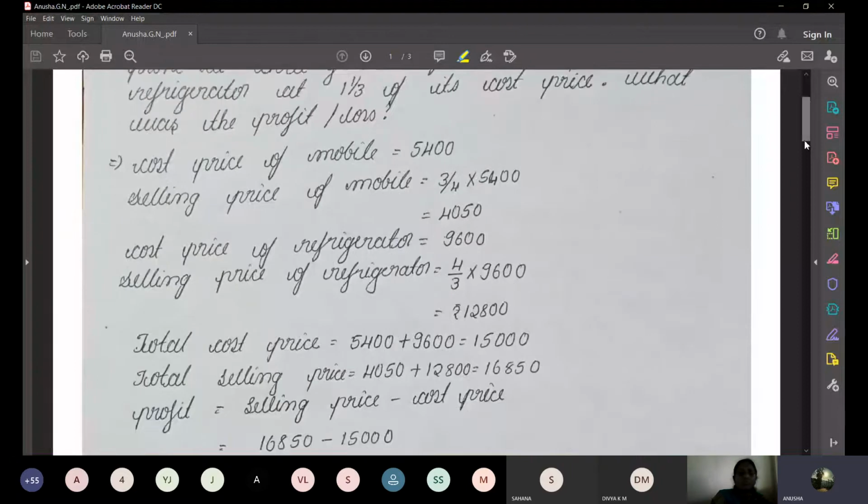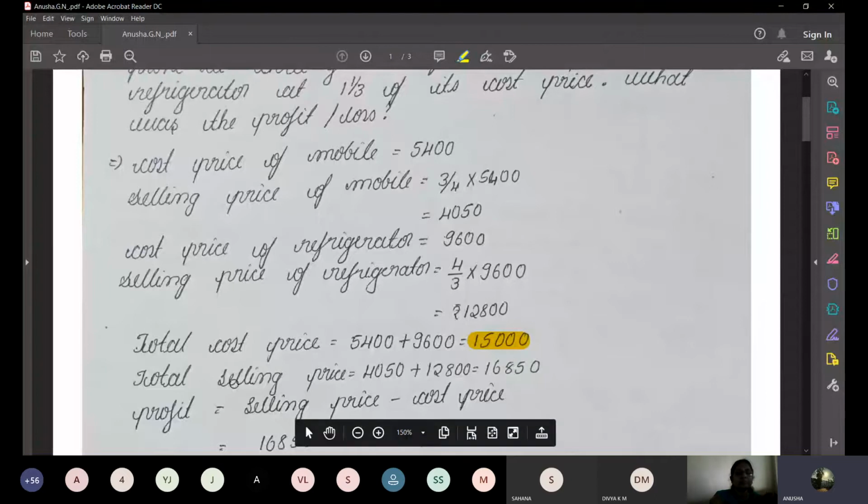To find how much amount he invested to purchase the mobile phone and the refrigerator, we need to add both the cost of the mobile phone and the refrigerator. So we will get the total amount as 15,000. He invested 15,000 to purchase both things, and when he sells both things, he sells them for 16,850 rupees.